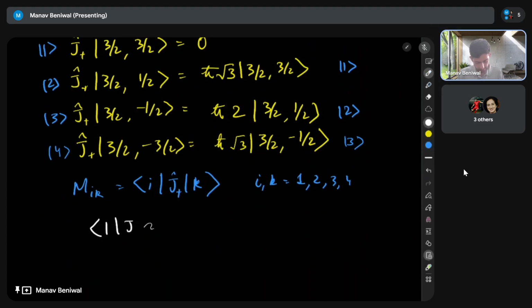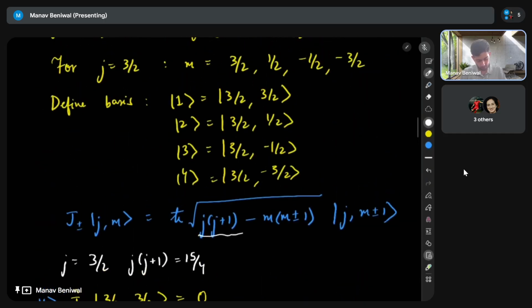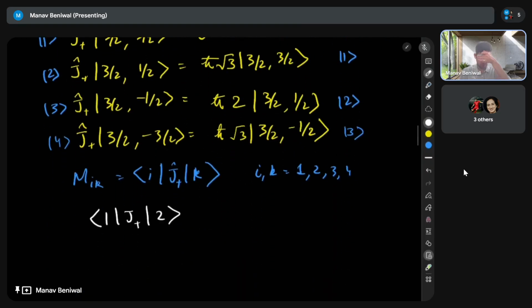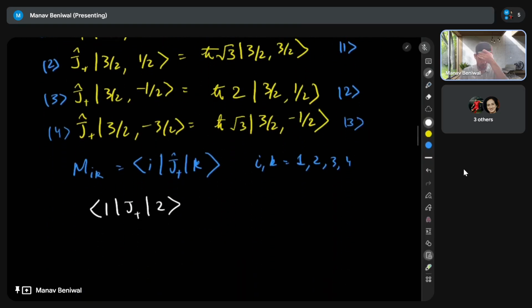When we have state 1 here and then j plus, this will only be non-zero when we have a 2 here, because this 2 will be raised to state 1. Yes, so here you can see this 2 goes to 1 when we apply this raising operator. So this term will be non-zero, and we know that this is under root 3 h cut.